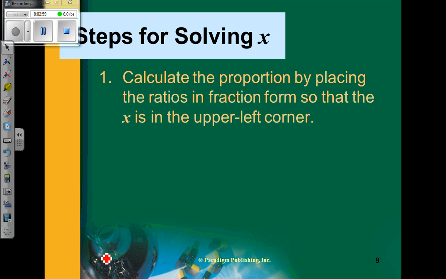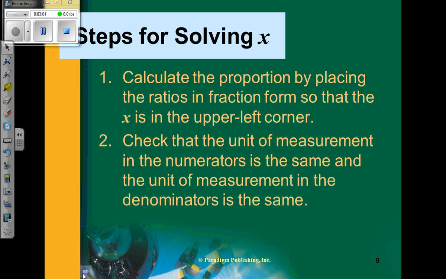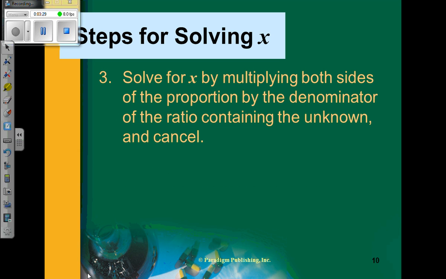So here are your steps. First, calculate the proportion by placing the ratios in fraction form so that the x is in the upper left corner. If you use the cross multiplication method, which I will be using, you do not have to worry about where the x is located. It will work out every time, but you'll have one more rule to follow, and it's a simple one. Second, check that the units of measurement in the numerators are the same and the units in the denominators are the same.